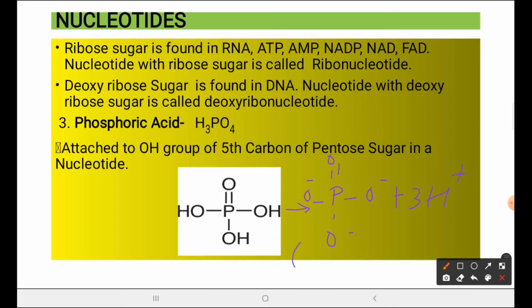Here it is found in aqueous form. Okay. So now come to the next part, that is nucleosides.